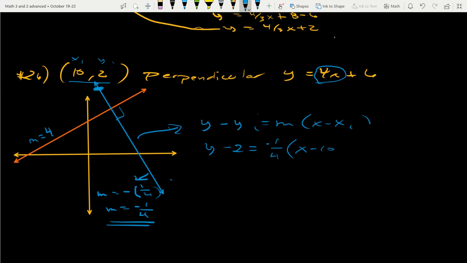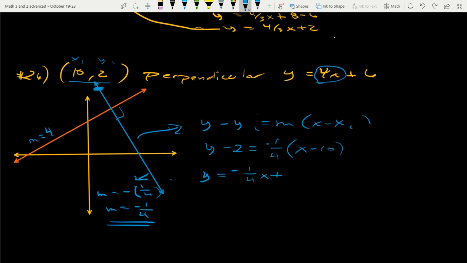minus 10. Now this one gets a little gooey because I can tell you right now the fractions aren't going to be nice to you. So let's just go ahead and do the steps we did prior to this. Y equals negative 1/4. I'm going to multiply this in right now. Negative 1/4 x plus 20. Oops, why did I get 20? That was dumb. I was doing some stuff in my head.